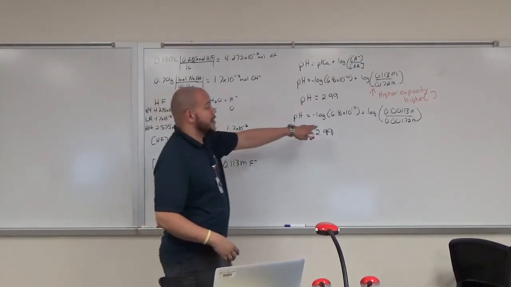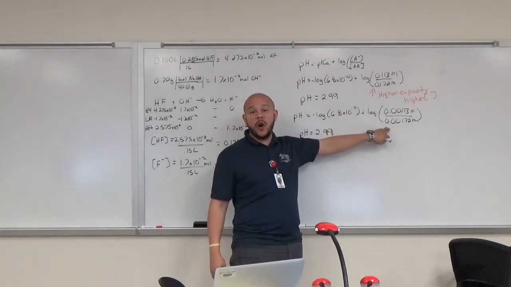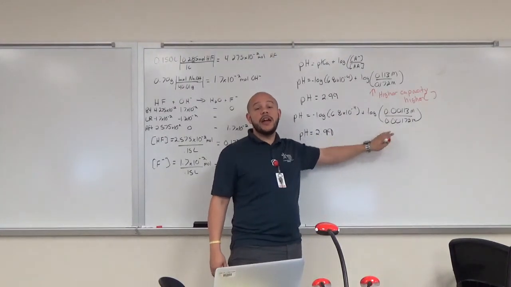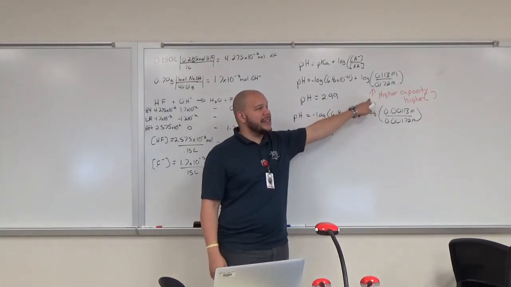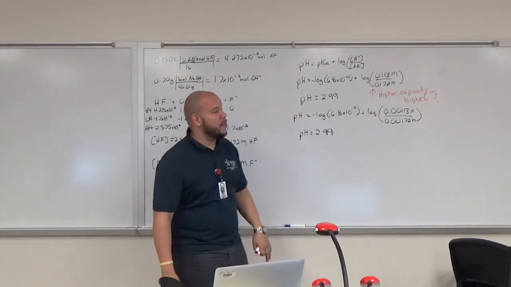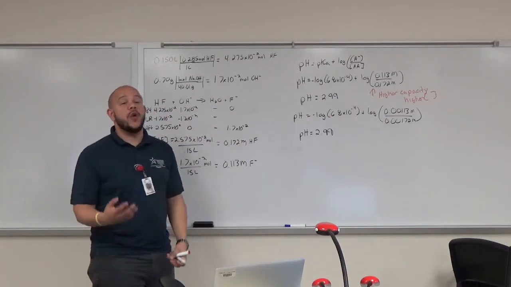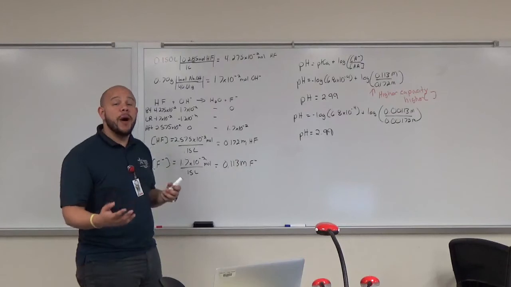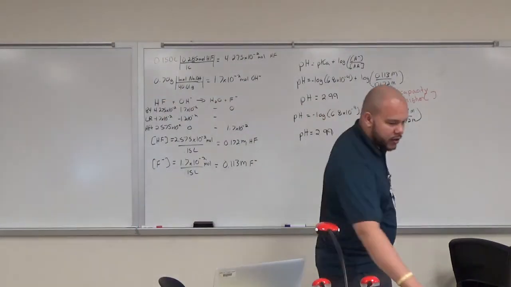These buffers, at 1 times 10 to the negative 3, are about as dilute of a buffer that can be used reasonably. So you need to be able to recognize, looking at two different systems, which one should have the higher buffering capacity. And in this case, it's going to be the first one because of the higher concentration.